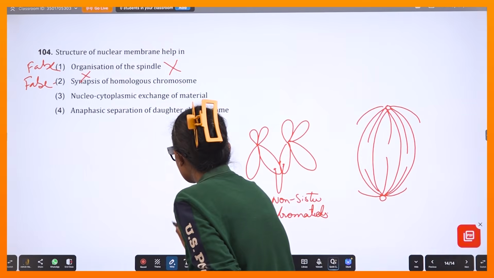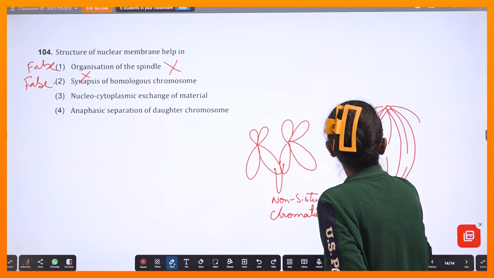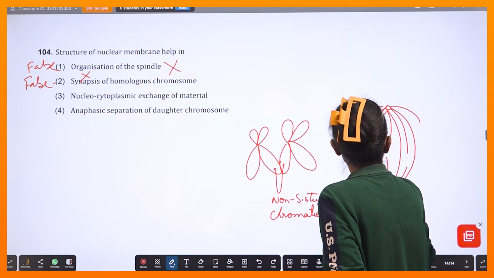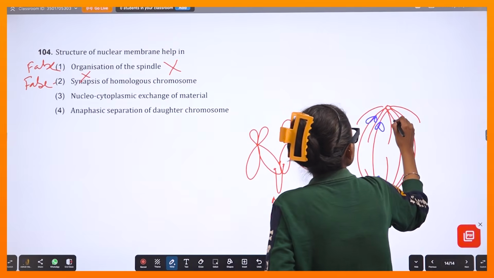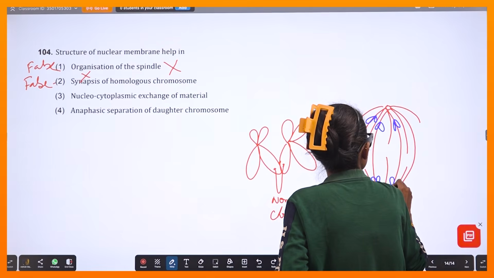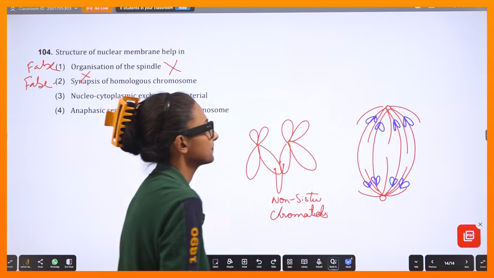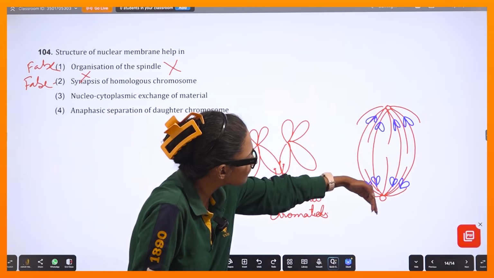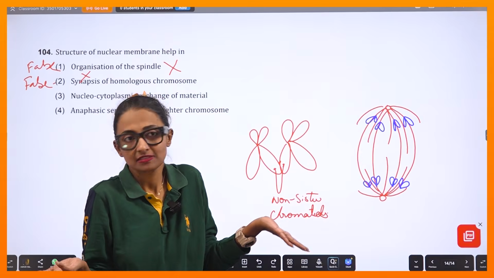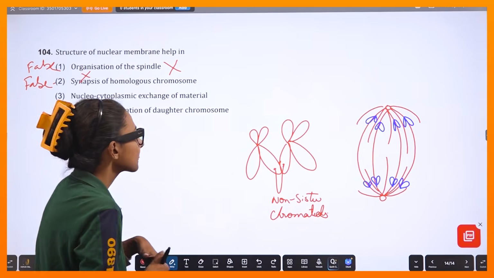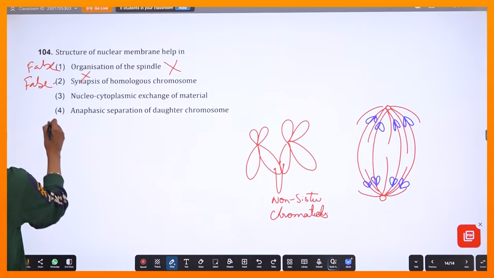That means the chromosomes will look like this after separation. So spindle fiber has a role because the centromere splits. That's the reason. The centromere is splitting here and spindle fibers have a role, not this one.